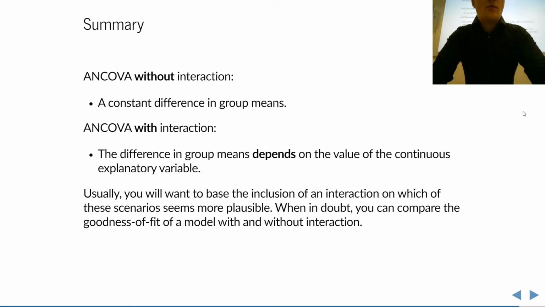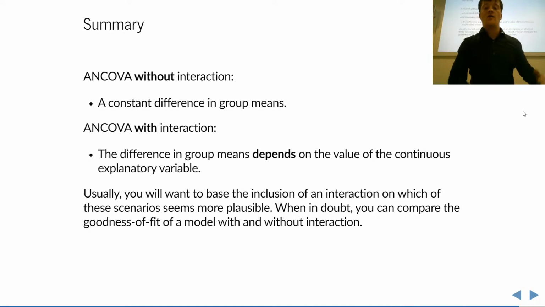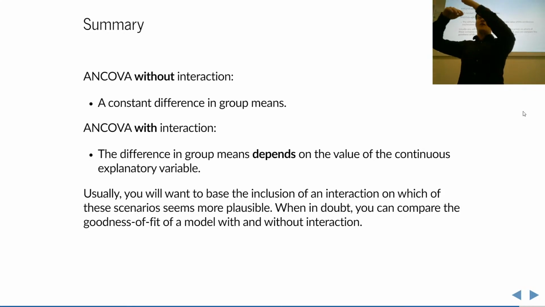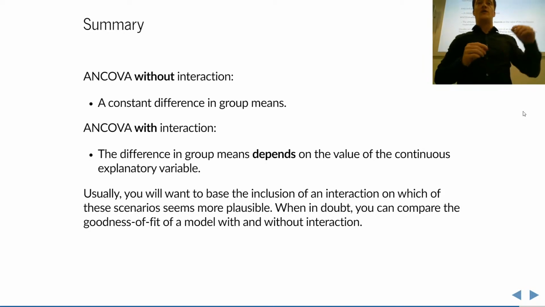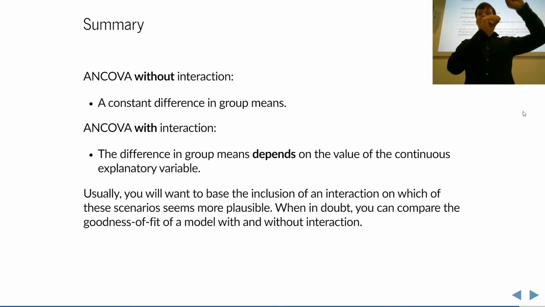Okay, so in summary, Ancova without interaction is like saying there is a constant difference in group means along some continuous explanatory variable. And saying that you have an Ancova with interaction means that whatever the difference between these group means is, depends on where I am, depends on the other continuous explanatory variable.